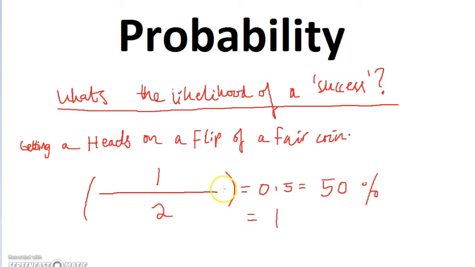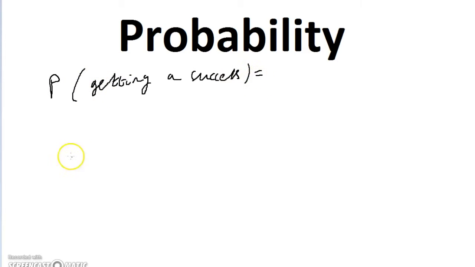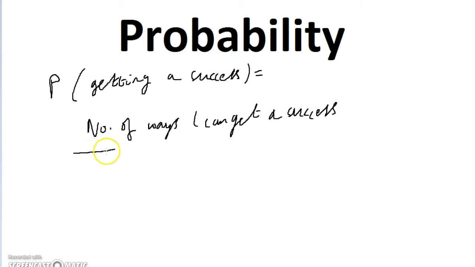Now, something that is completely likely, that has to occur, only happens when our probability is 1. If the only possible outcome was a success, then my probability of getting a success would definitely be 100%. It would be 1. So with this in mind, we can generalize. In general, the probability of getting a success is equal to the number of ways I can get a success divided by all possible outcomes.